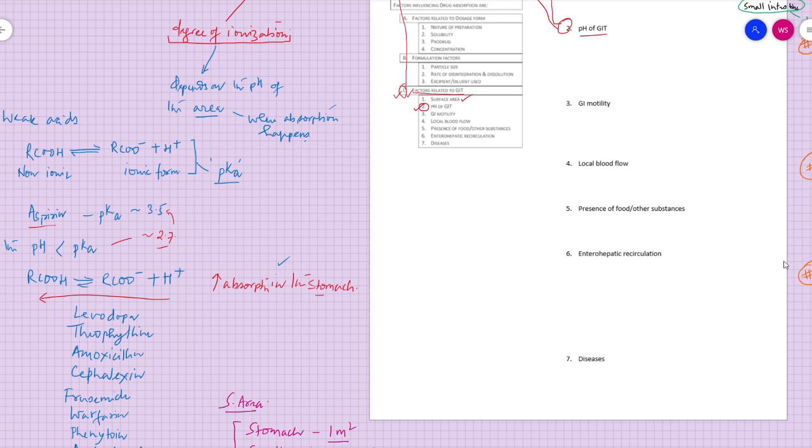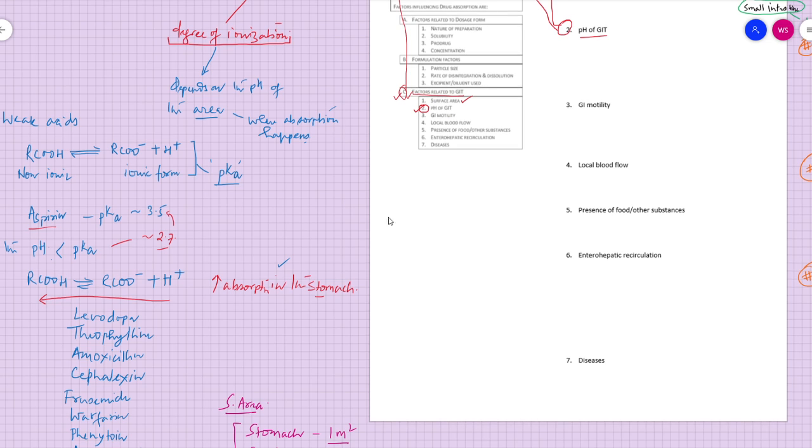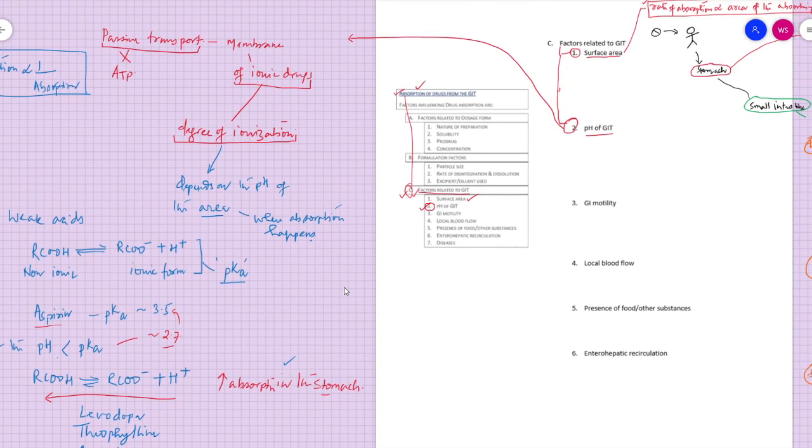Let's look at the next point. And the next point is gastric motility.